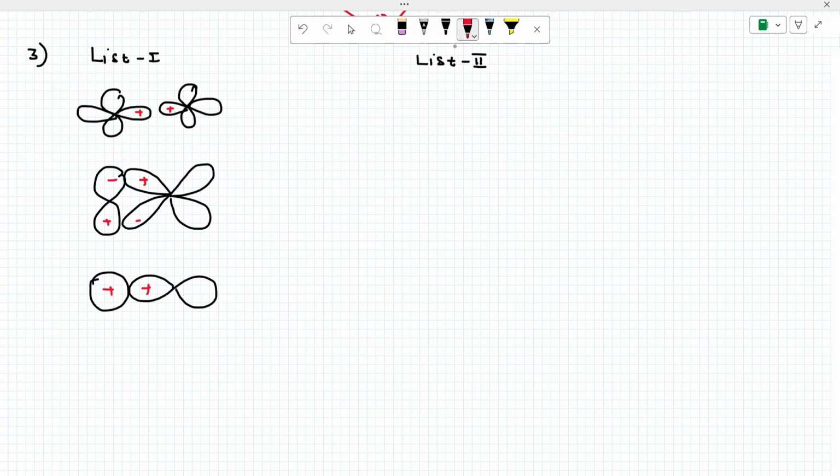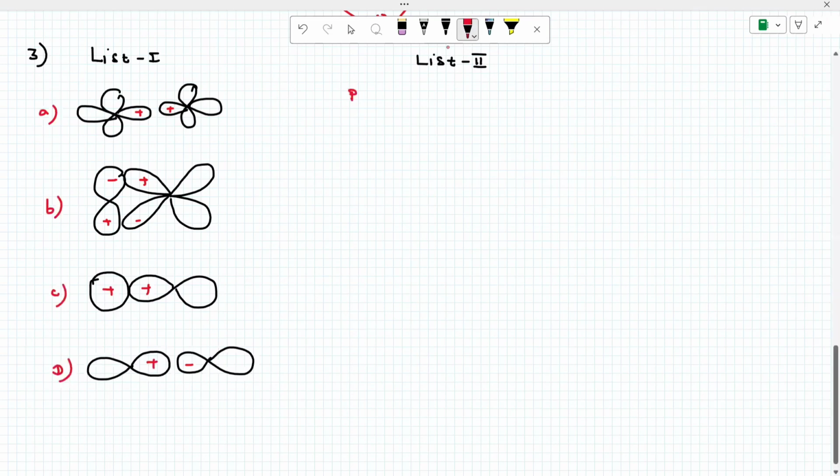And in this case, plus and minus. Take this as A, this as B, this as C, this as D, and these as P, Q, R, S. Tell me the answer. First option P is pd, pi antibonding.